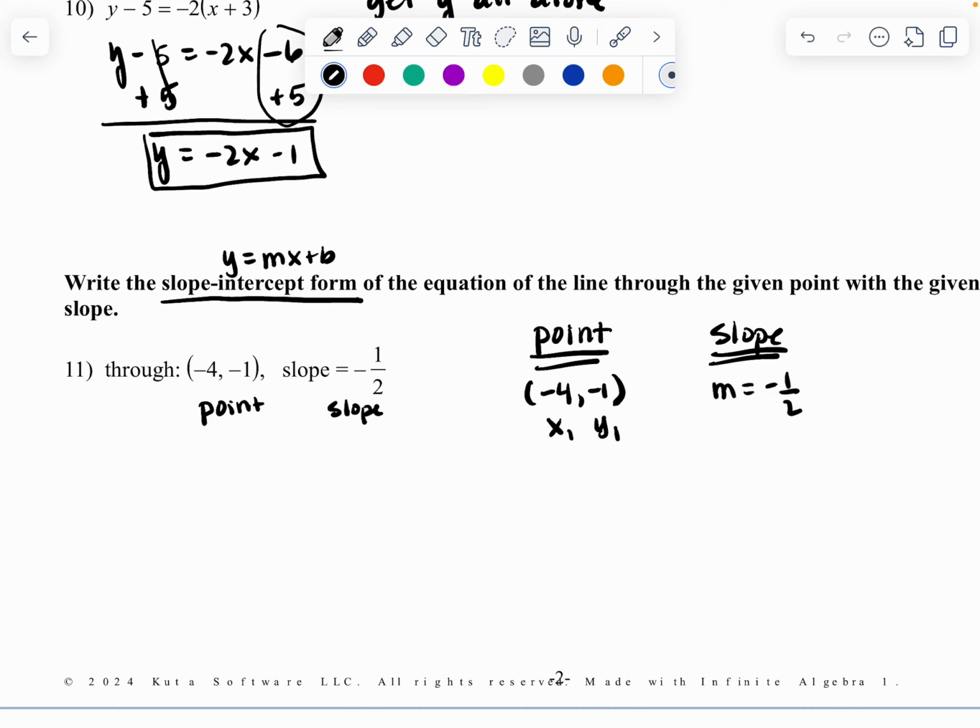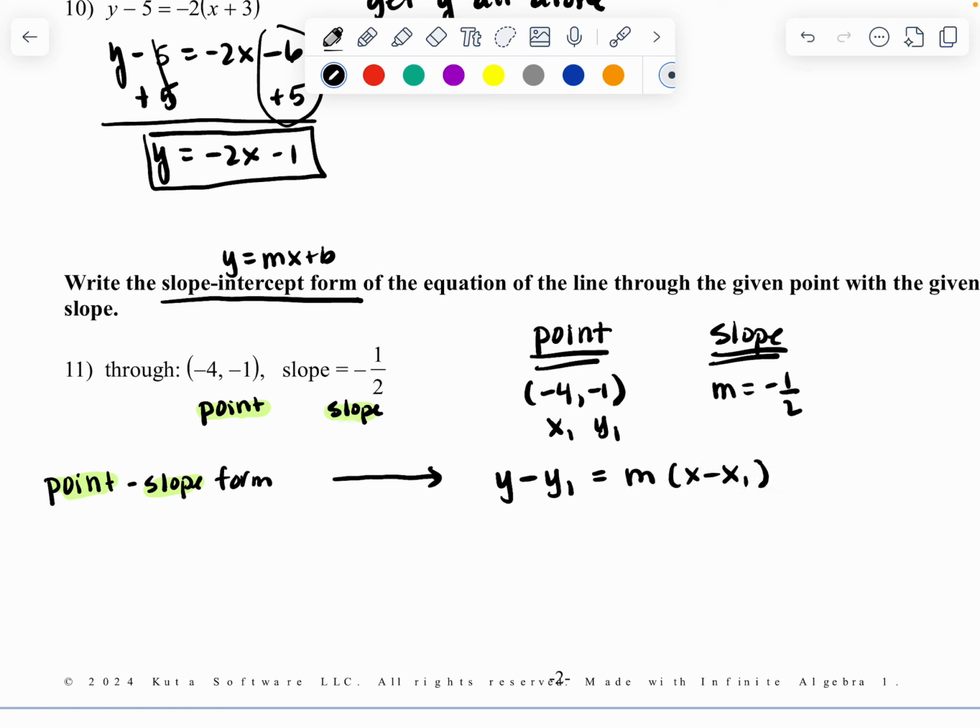Now, once I have a point and a slope, I can put it into something called point-slope form. And it kind of makes sense because guess what? I have a point and a slope, so I'm in point-slope form, okay? Now, what is that? Don't know if you remember it, but point-slope form is y minus y1 equals m times x minus x1.